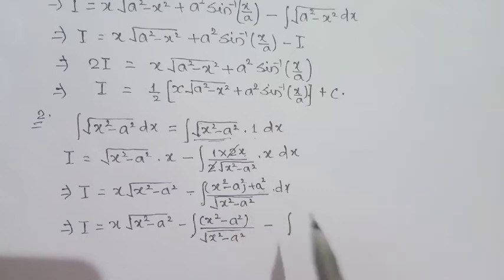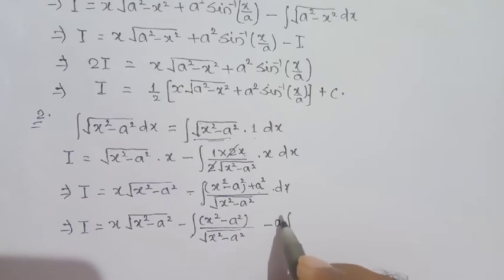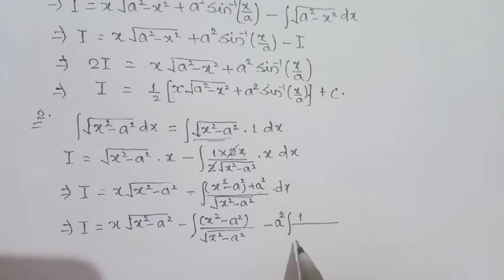So this a square is constant, so take it outside the integral. 1 by under root x square minus a square.